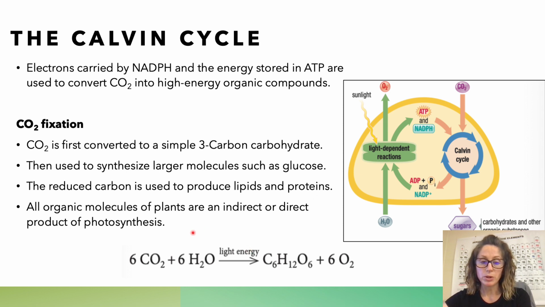All organic molecules of plants are an indirect or a direct product of photosynthesis. And make sure you record the overall photosynthesis reaction. We have carbon dioxide and water reacting to produce glucose and oxygen. And this is done with light energy.